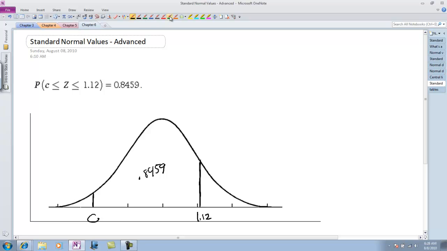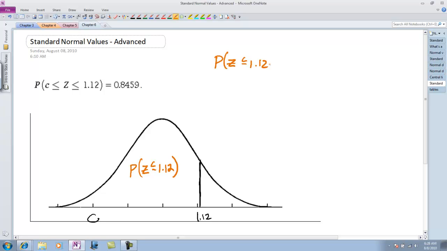So the trick is, I know that if I looked up 1.12, this whole thing would be P of Z less than 1.12. And so if I found that, then I would have this whole thing. And so let's do that.